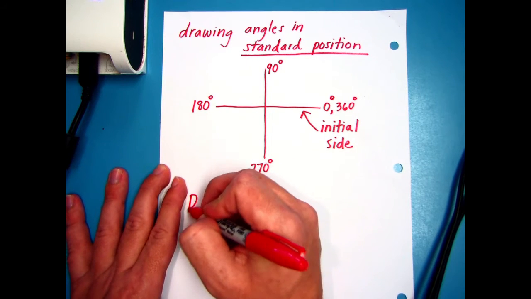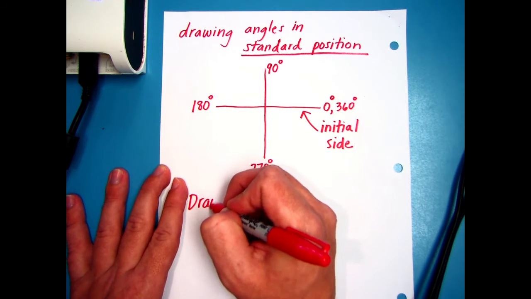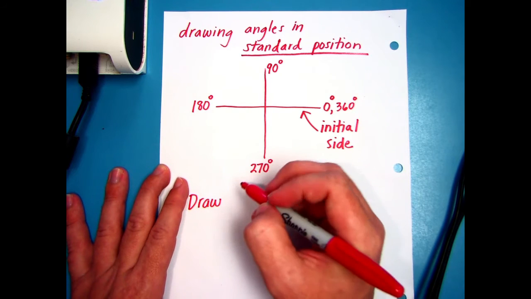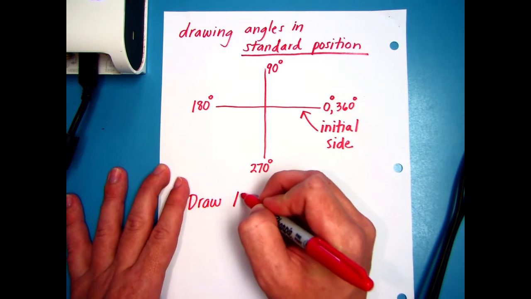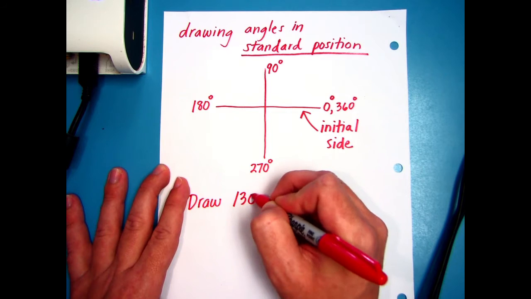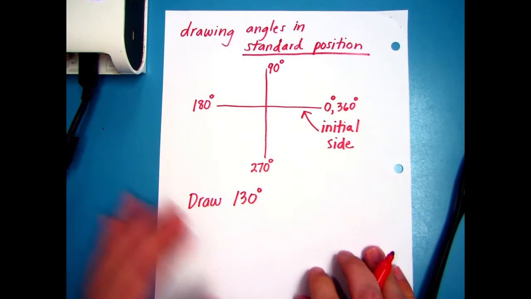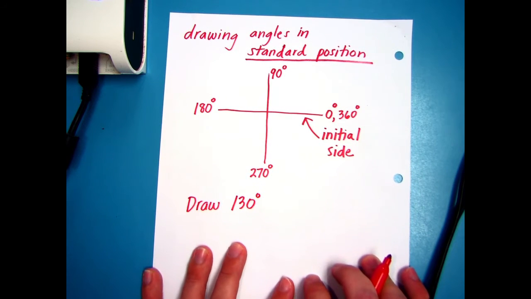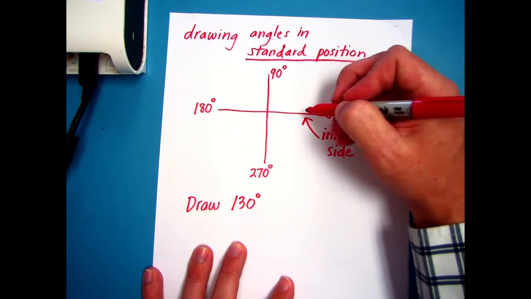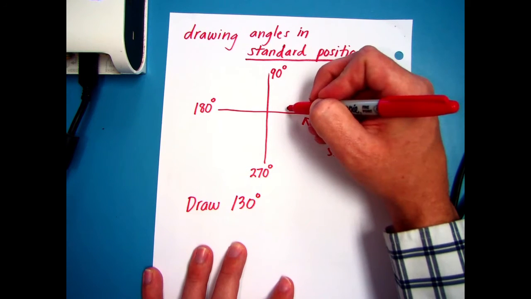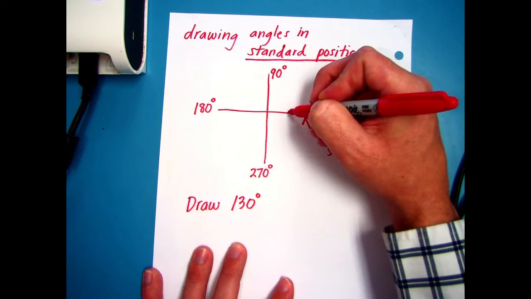The first angle we're going to draw, 130 degrees. So again, we're going to start on our initial side. We always start there. We're going to move counterclockwise.